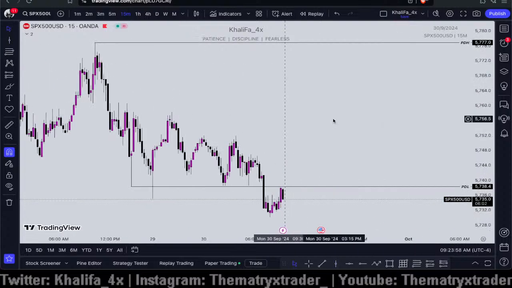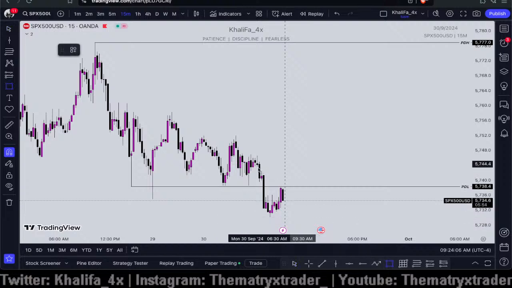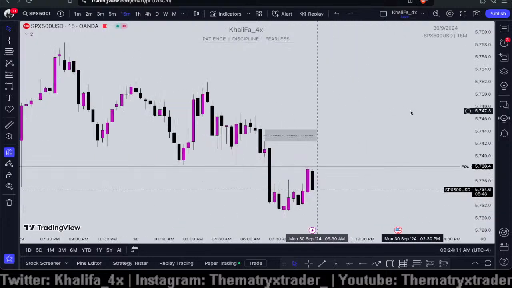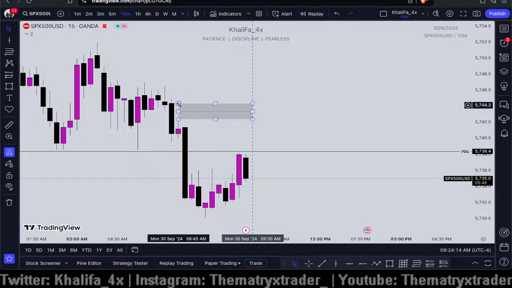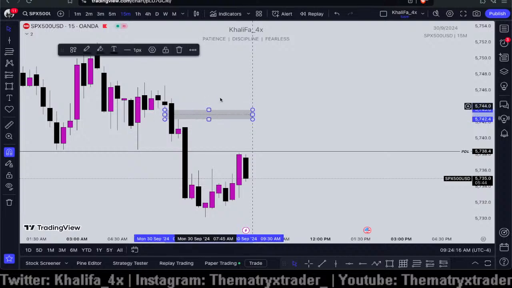Now you see we already got our entry, we already got a market structure shift, and we have this small little imbalance. So I'm expecting price to come till this.